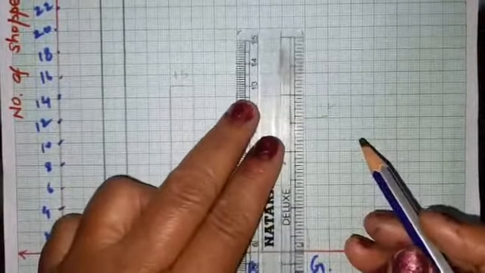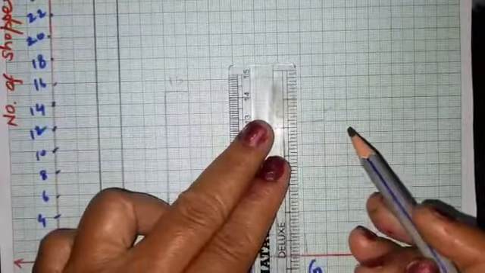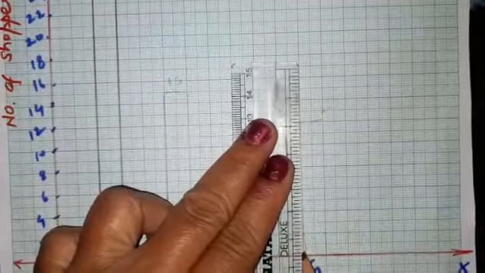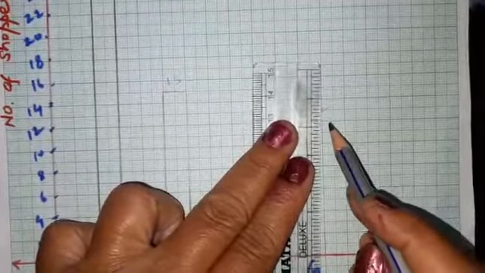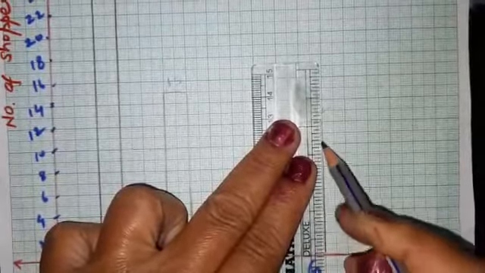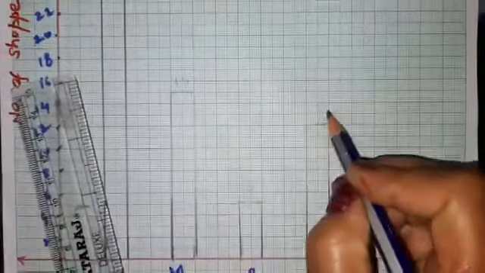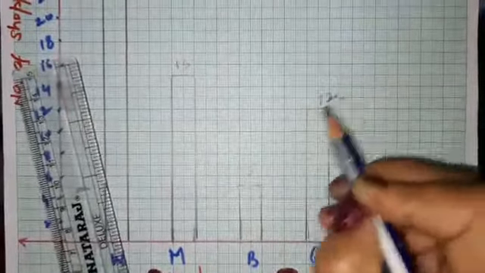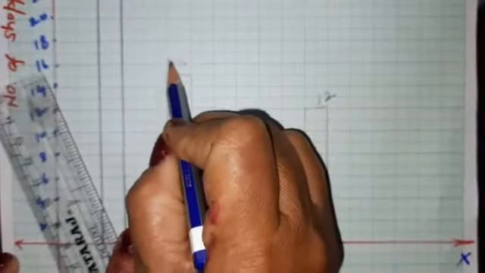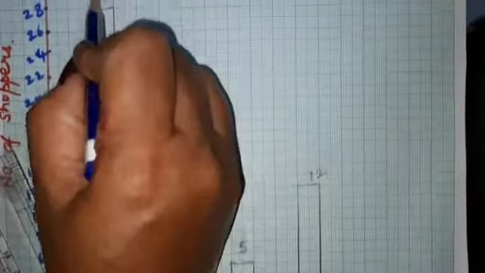So let us put the line in front of 12 and then draw the bar again. Then write down the number of shoppers here: 12, this is 5, this is 15, and this is 28.